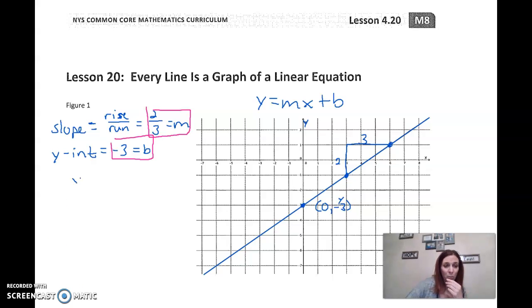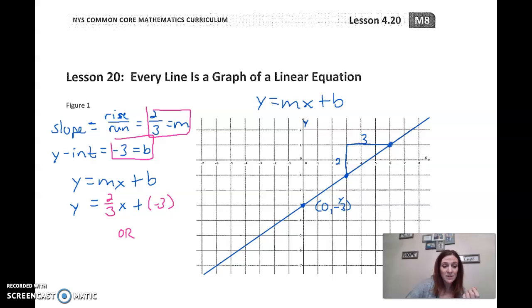So if we have y equals mx plus b, we have y equals, replace our m, 2/3 times x plus, replace our b, -3.